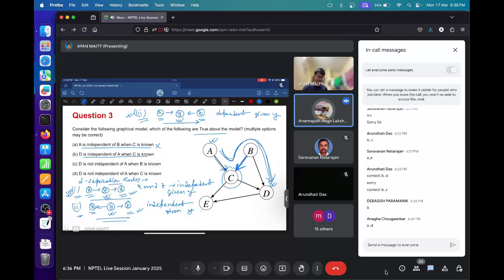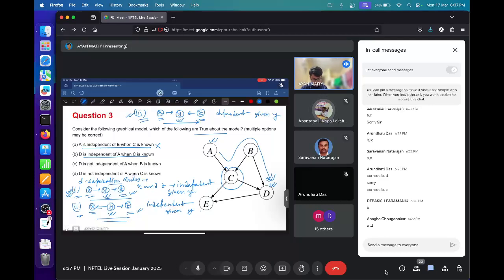You consider this path without considering the directions. Now analyze this path based on these rules. For applying these three rules, you now have to know the directions of the edges. But to find out the paths, you don't have to consider the edges. So this was the path ACBD.